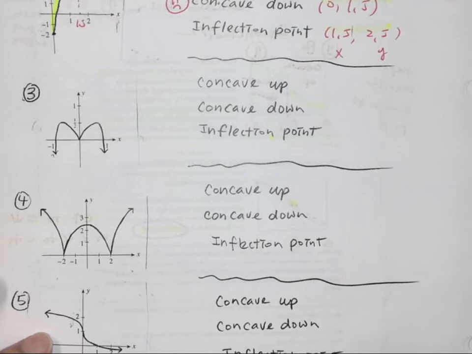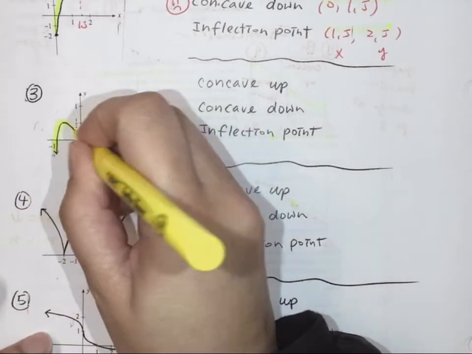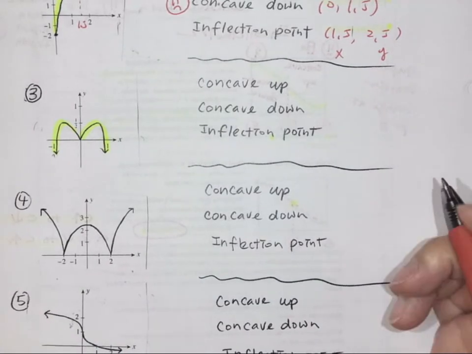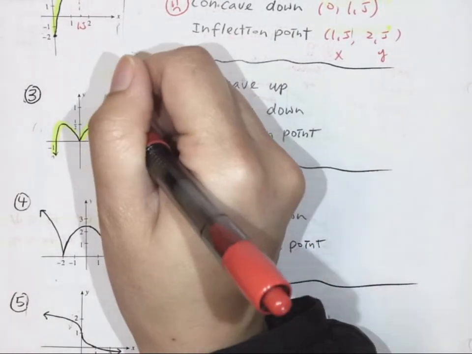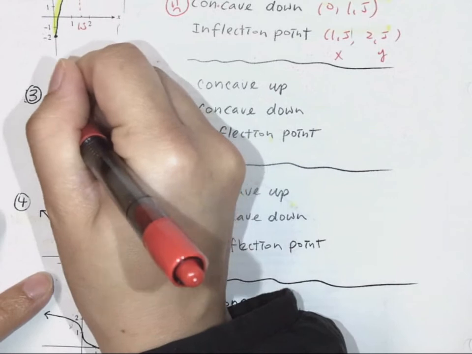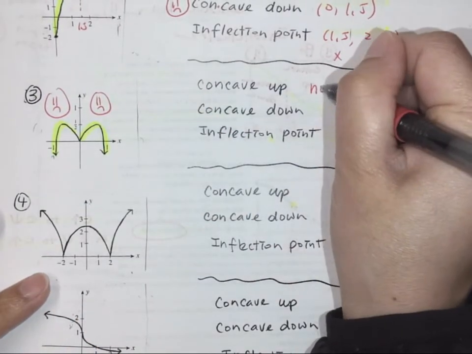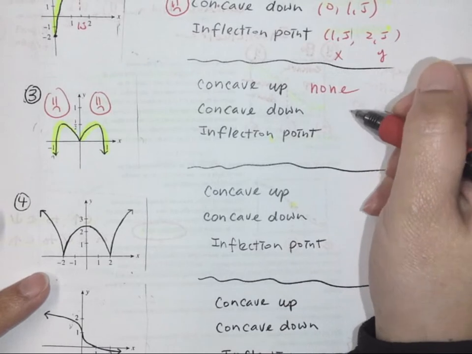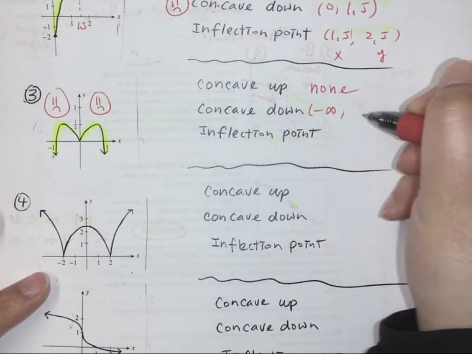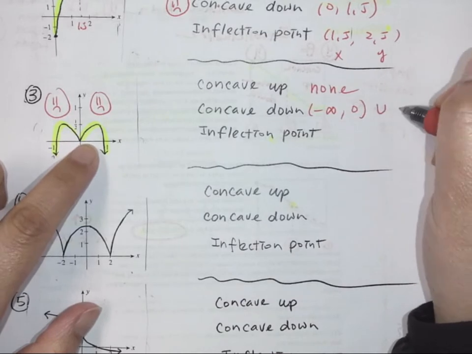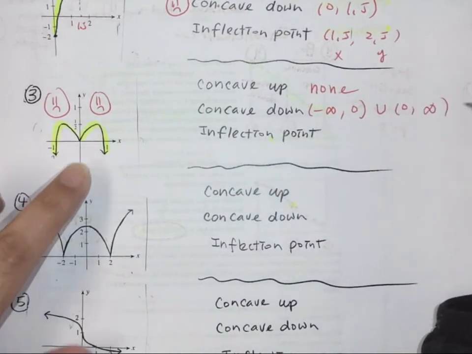So if you're ready, it looks like this and this are both concave down, like a frowny face, right? Can you see that? So concave up, we don't have any. Concave down is starting from negative infinity to x equal to 0, union, starting from 0 again to positive infinity.